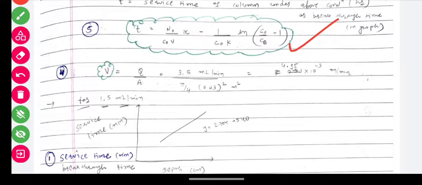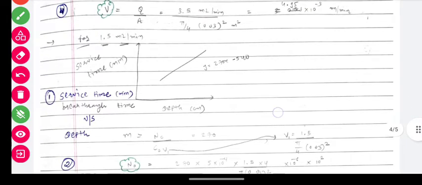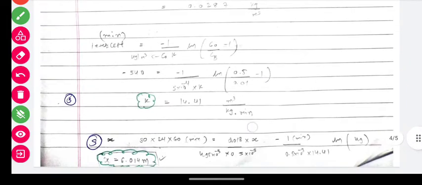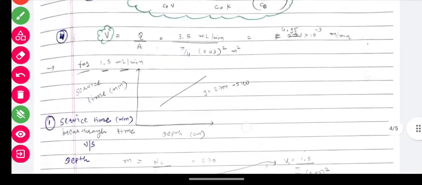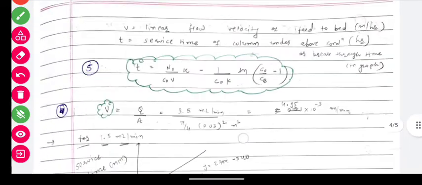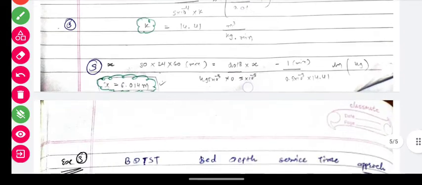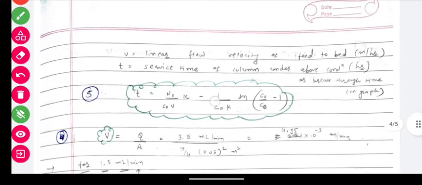So first of all, what you have to calculate is the column depth. How will you calculate the column depth? This is the equation. For that, what is the data you have? C0 you have, N0 you don't have, V you can get, K you don't have.